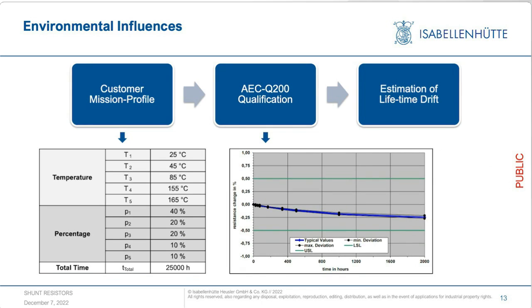So in this slide we have put together the procedure we undergo during the development of a customer-specific shunt. First, we get the customer mission profile, which defines the temperature and the percentage each temperature is used during the application, and the total time of usage.